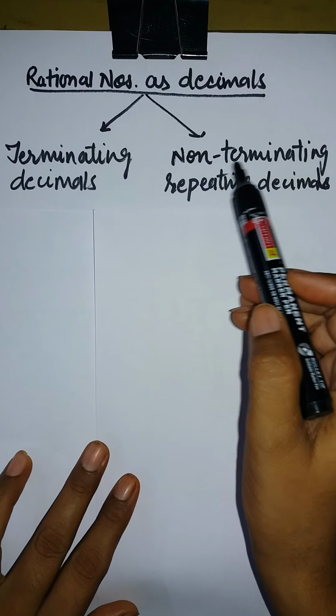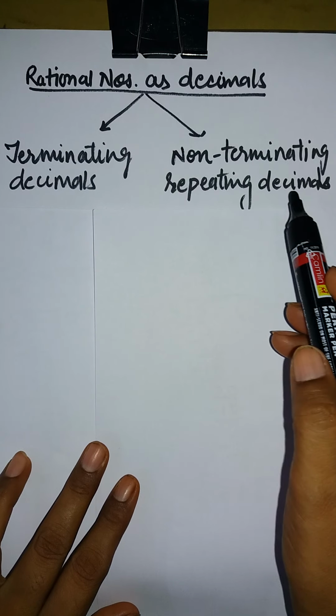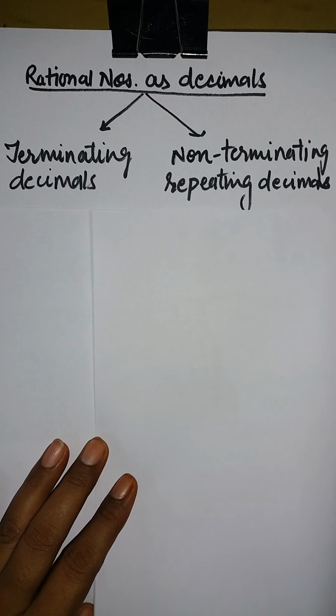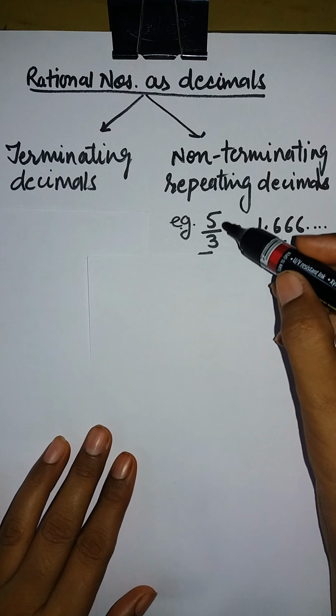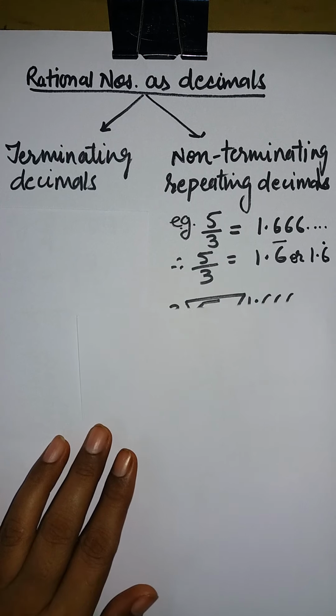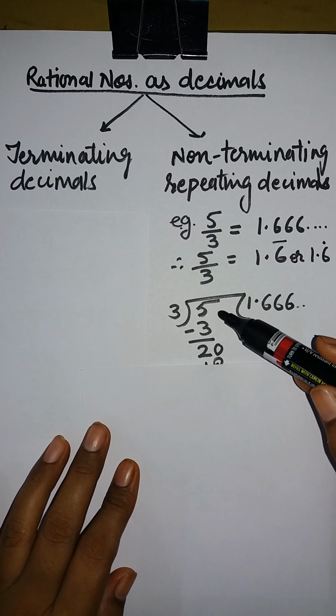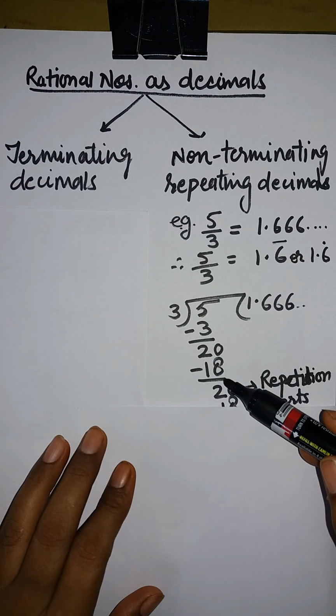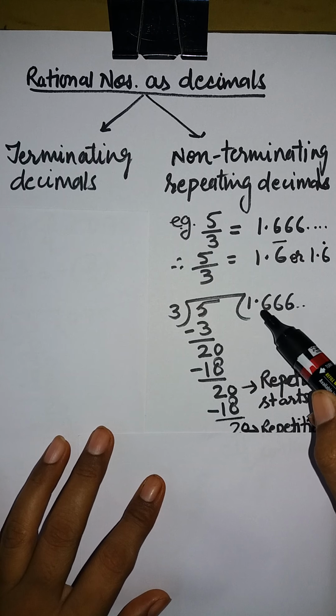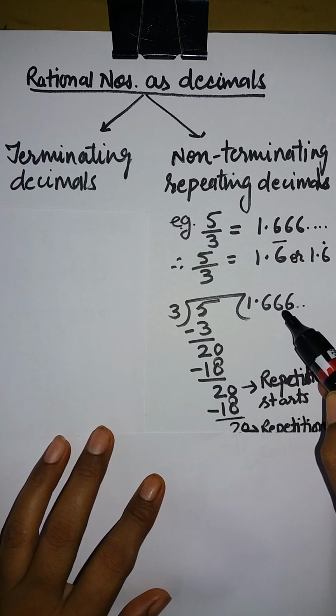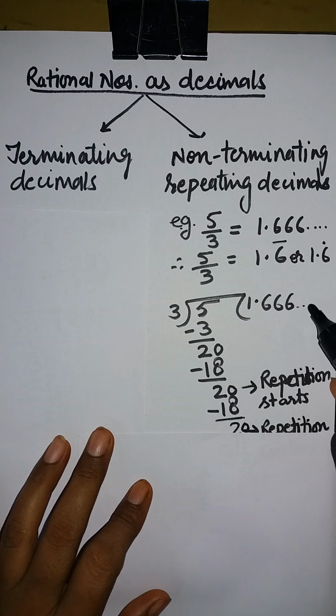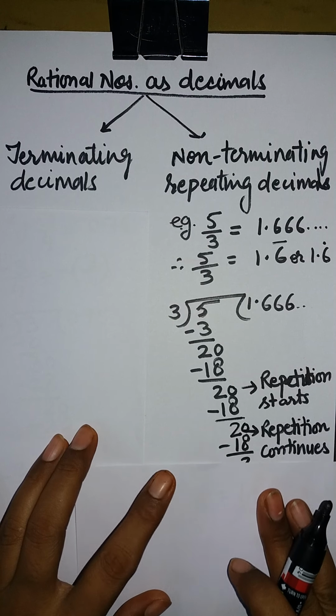Now what are non-terminating repeating decimals? Let's take an example, 5 by 3. When we divide 5 by 3, performing the normal long division method, we see that in the decimal part the digit 6 is repeating itself a number of times.